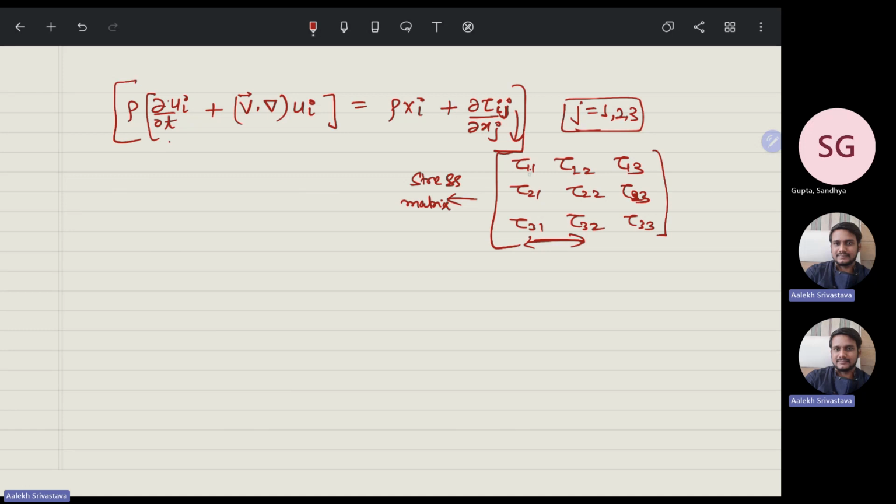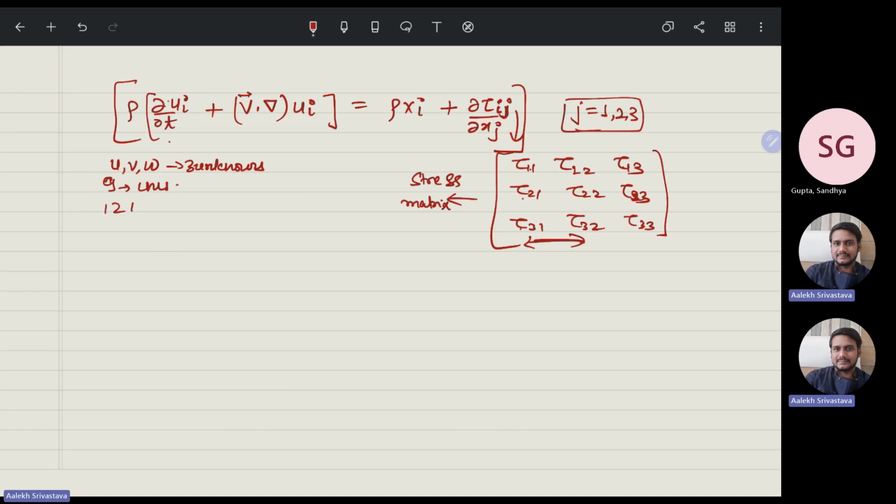If you see, we have 9 components. So total unknowns: we have u, v, w, three velocity components, then three more unknowns, and we have 9 unknowns in shear stress.